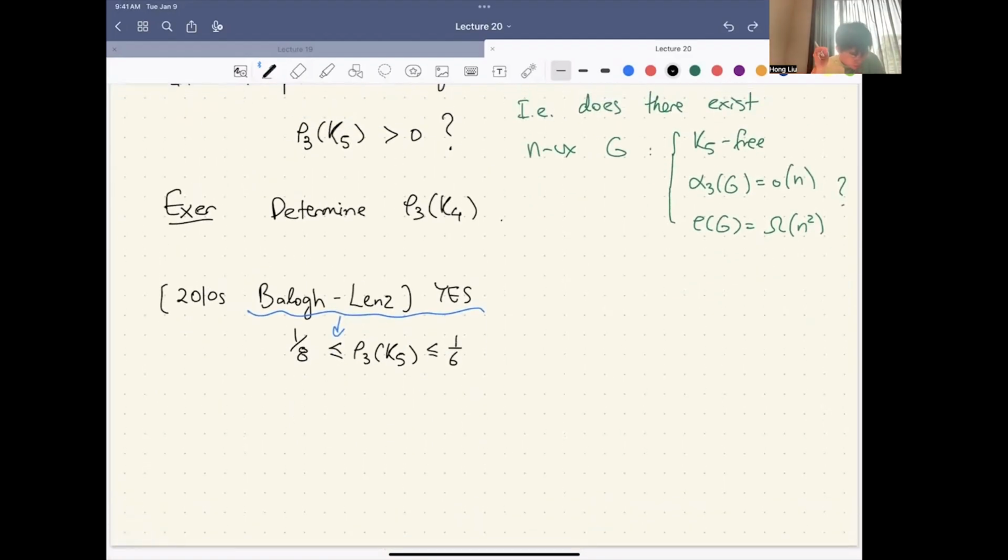Okay. So what does this mean, the upper bound?